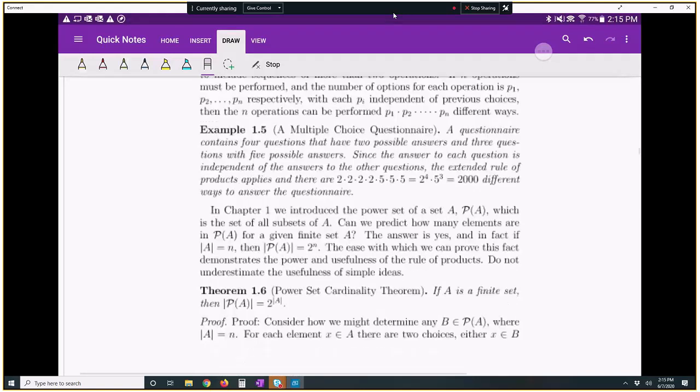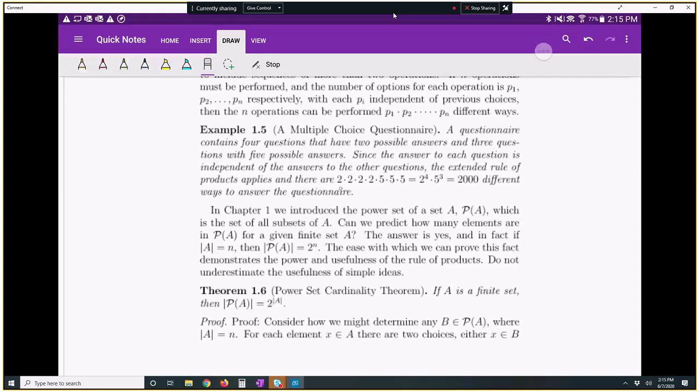So for example, a multiple choice questionnaire contains 4 questions that have 2 possible answers and 3 questions with 5 possible answers. Since the answer to each question is independent of the answers to the other questions, the extended rule of products would apply here.